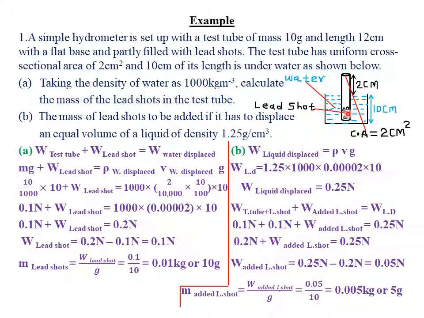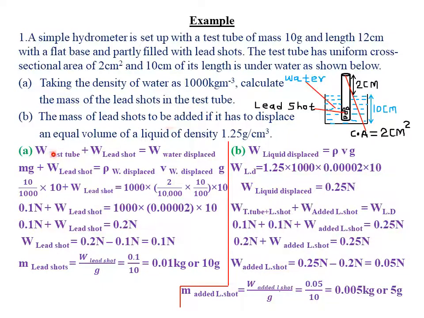Then the upward force will just be the upthrust force, which must be equal to the weight of the fluid displaced, courtesy of the Archimedes principle. They want us to find the mass of the lead shots, so we'll start by finding the weight of the lead shots, because we know that weight is equal to mg. Once we get the weight, we'll be in a position to find the mass from the formula weight is equal to mass multiplied by gravity.